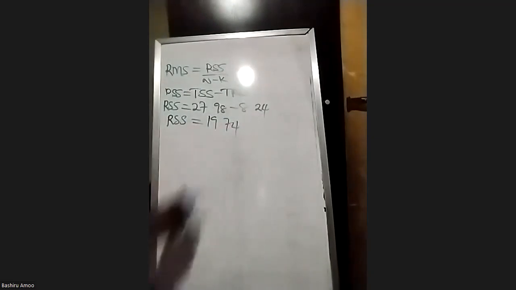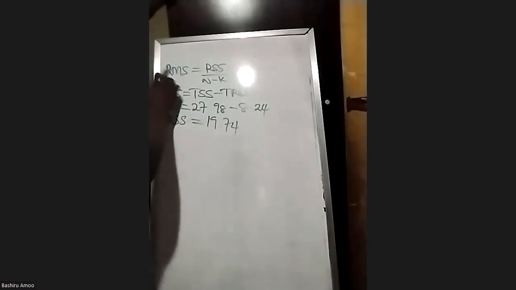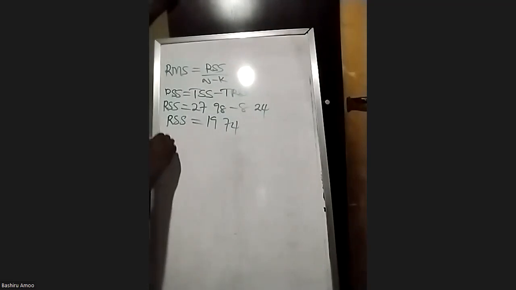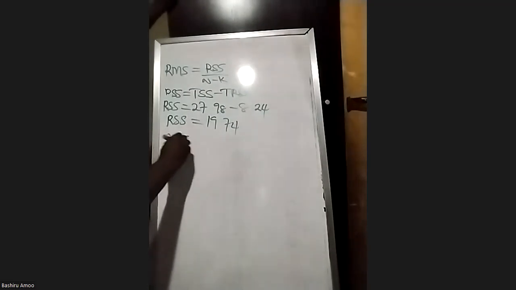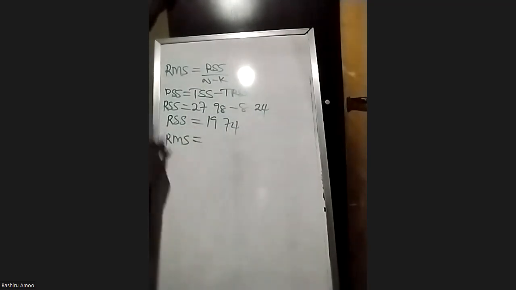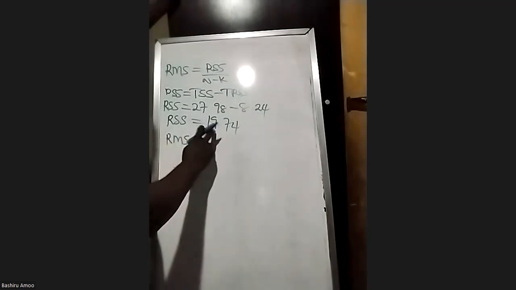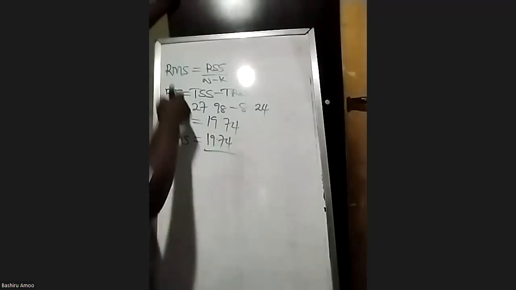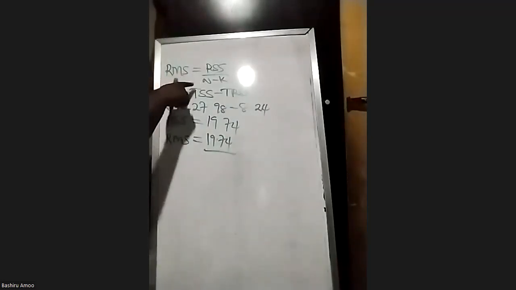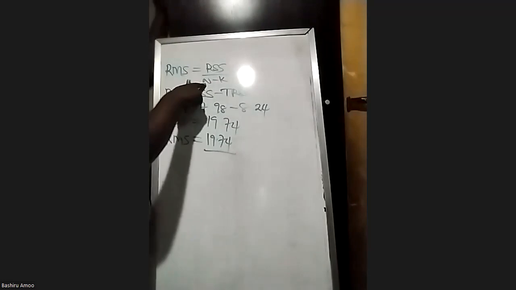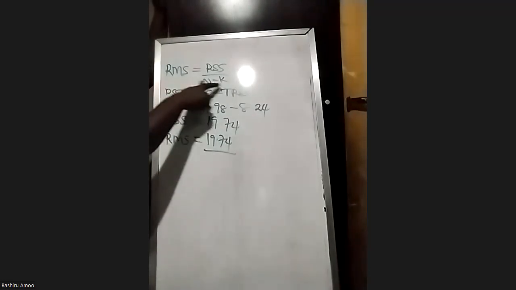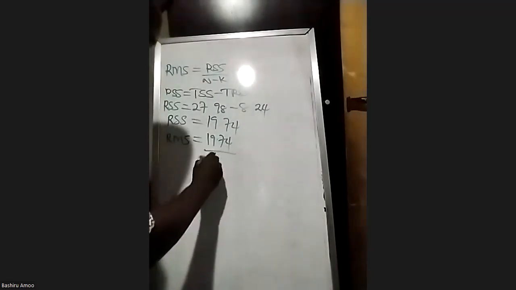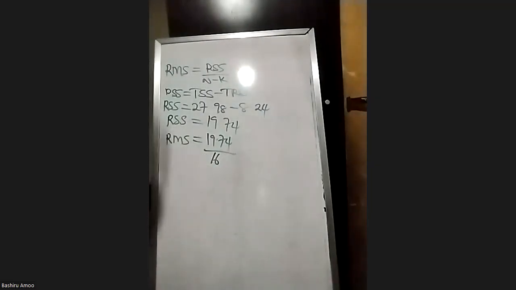So if this is 19.74, I can easily get residual mean square now. Remember that the total number of observation given to us is 20. 20 minus 4, we have 16. This will give us 16, right? For degree of freedom for residual.